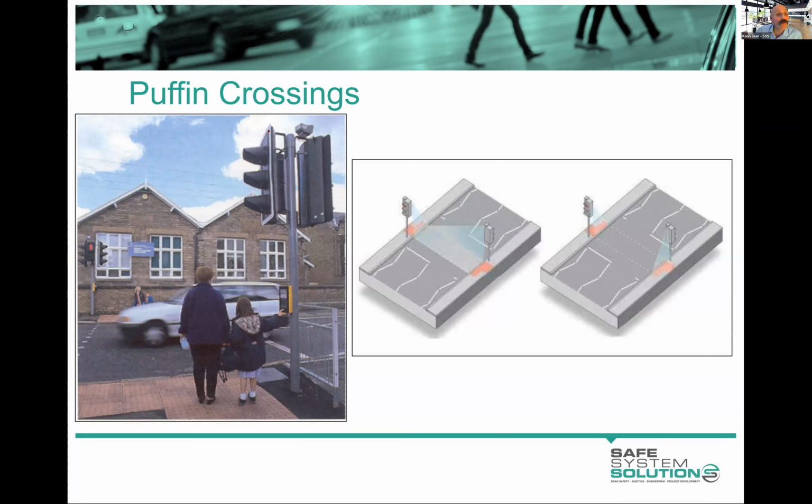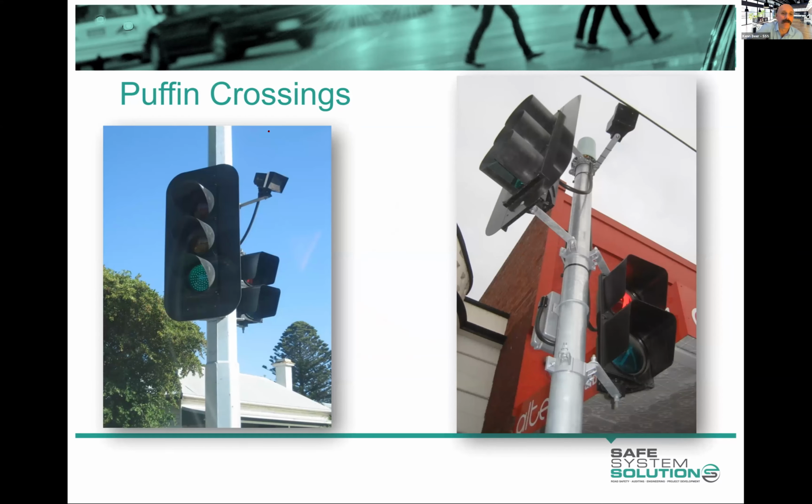So if there's movement on the crossing, it holds the light red. Now, somebody at some point in the pedestrian infrastructure crossing game decided to go with a bird theme, and then everybody stuck to it from there. So that's the puffin.